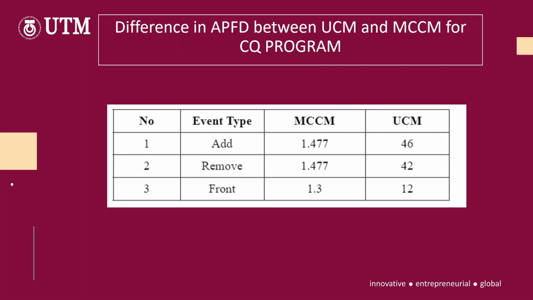For MCCM, we observe that the add and remove methods have nearly the same value, but it is a higher value for the UCM metric's add method. We also observe that the values in the MCCM metric are quite close to each other. 1.47 is quite close to 1.3.